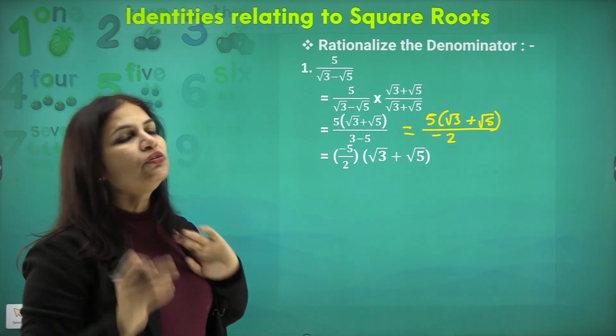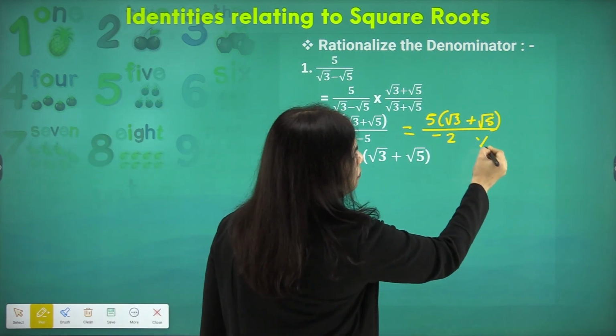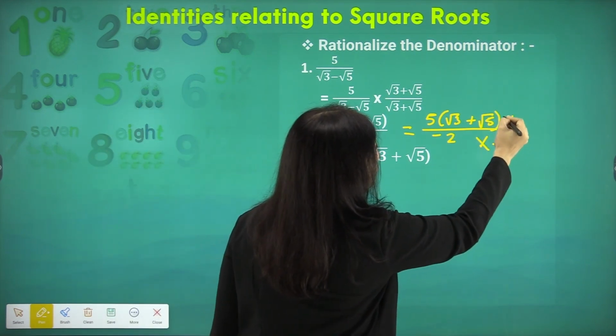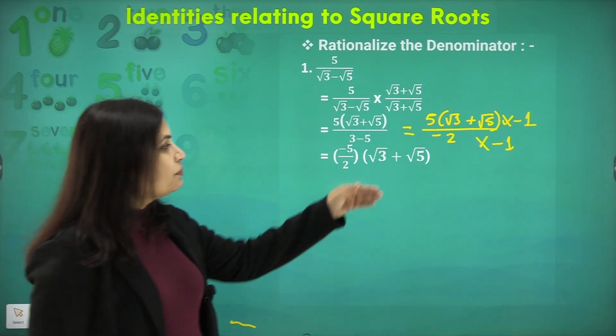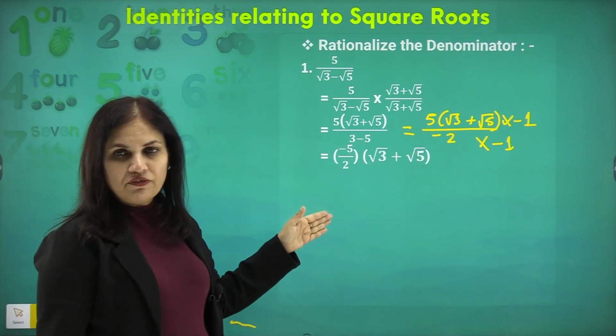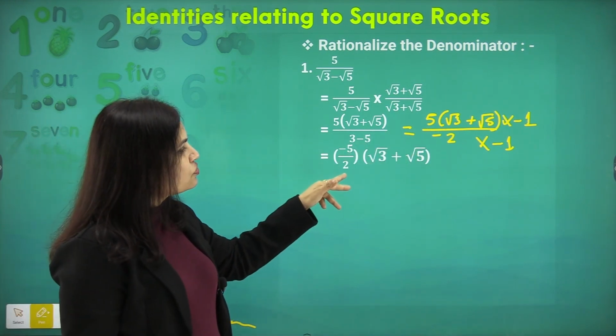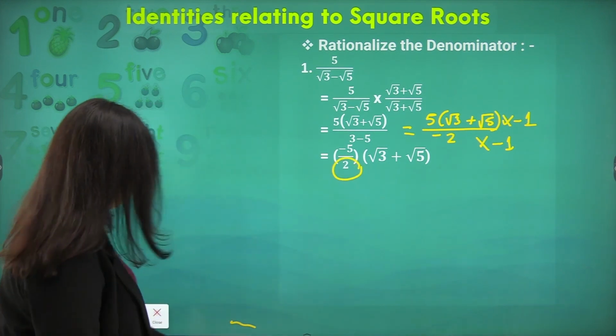We try not to write the denominator as negative. So, what I will do, one more step, I will multiply both the numerator and denominator by minus 1. If I multiply both the numerator and denominator by minus 1, I will get this value, minus 5 upon 2. Now, my denominator has been rationalized.